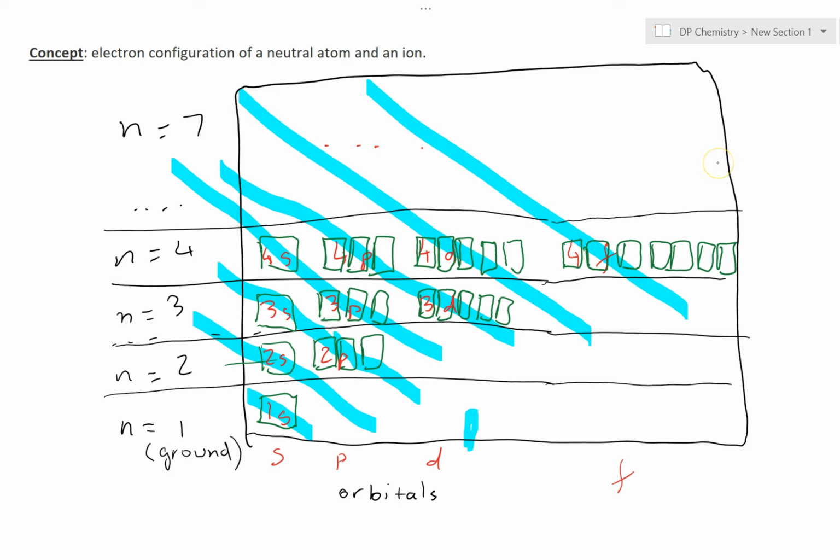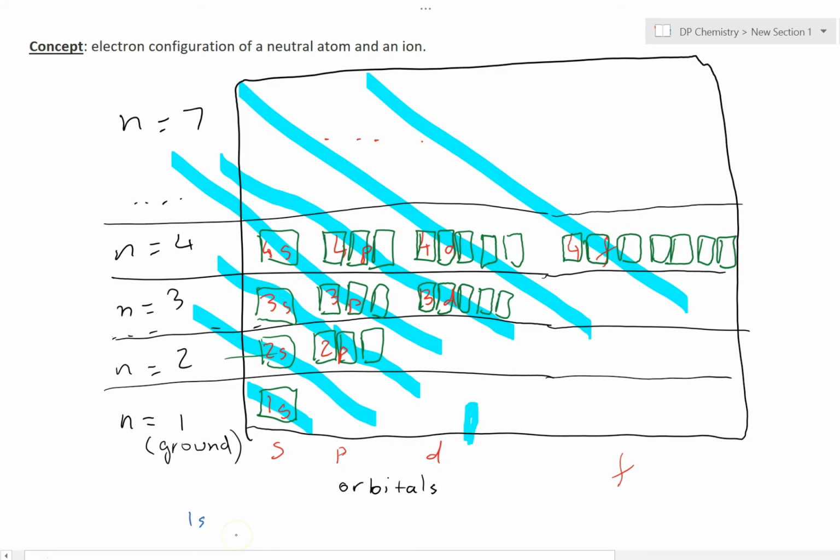So the order that electrons will fill is 1s, 2s, 2p, 3s, 3p, and then instead of 3d, you will start on 4s after 3p, then 4p, etc.